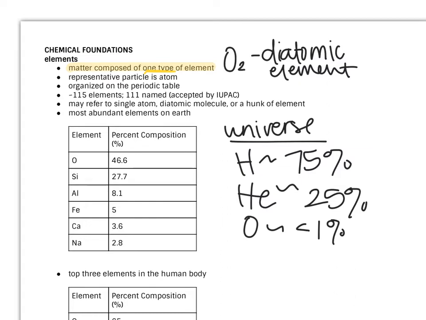But since the universe is so big and so different than life here on Earth, Earth is made up of different elements than the universe is. So the elements oxygen, silicon, aluminum, iron, calcium, and sodium are found in the crust.